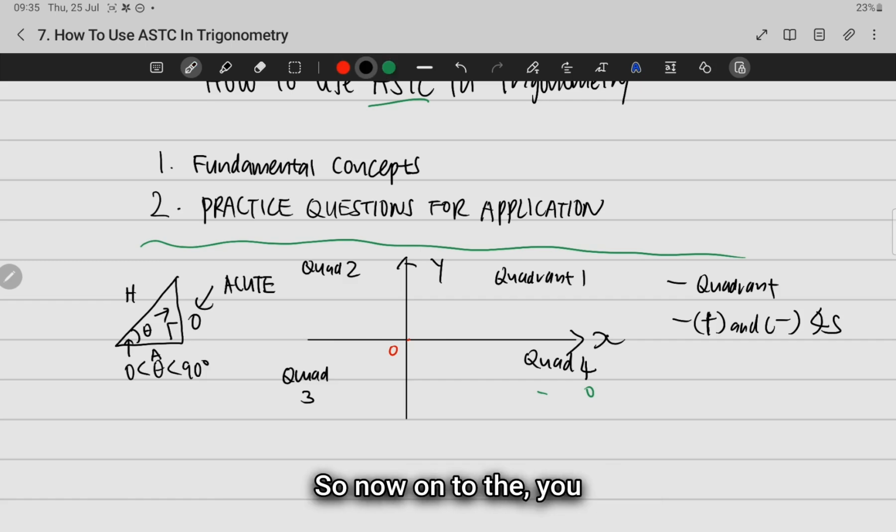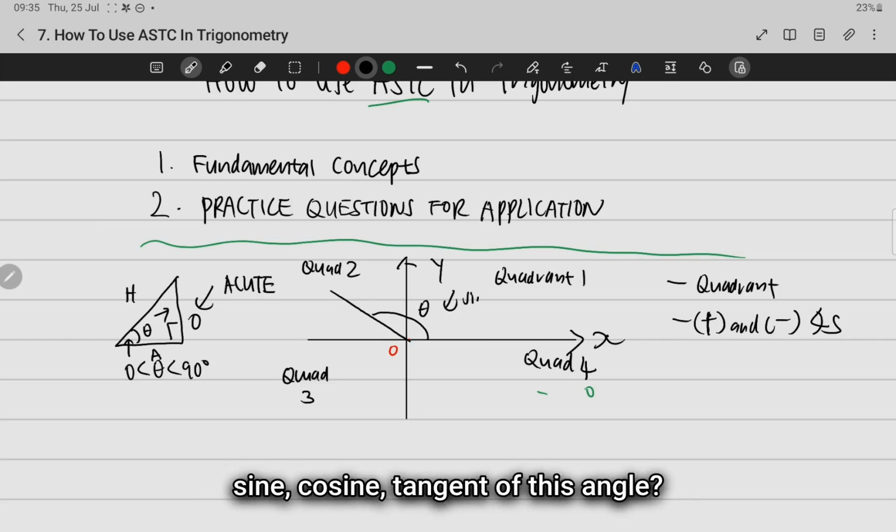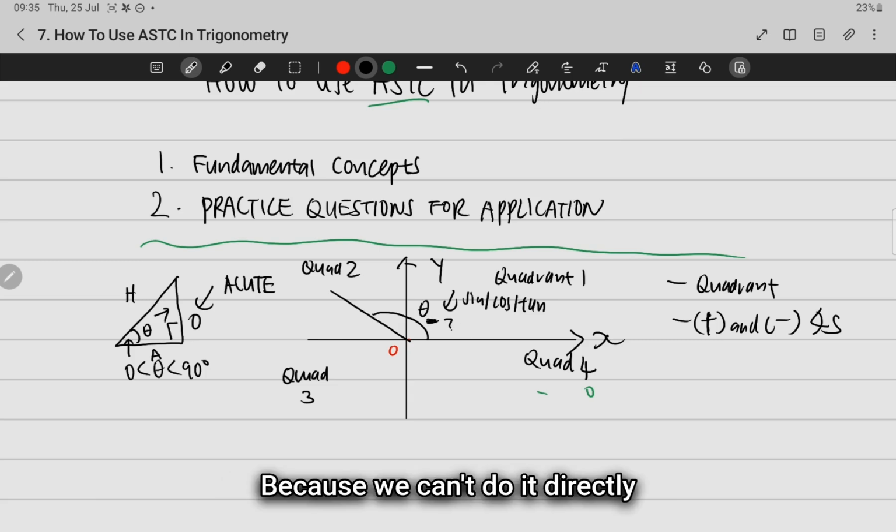So now on to the main part. Let's say we have an obtuse angle theta over here. How do we quantify the sine, cosine, tangent of this angle? Because we can't do it directly like that. It's not an acute angle.